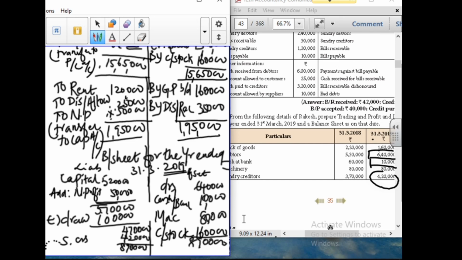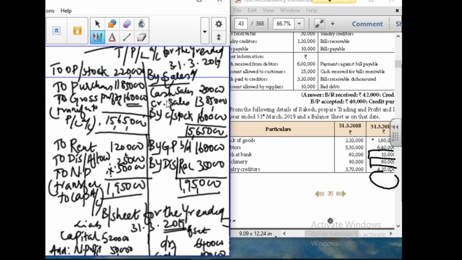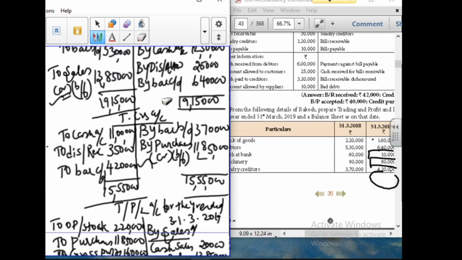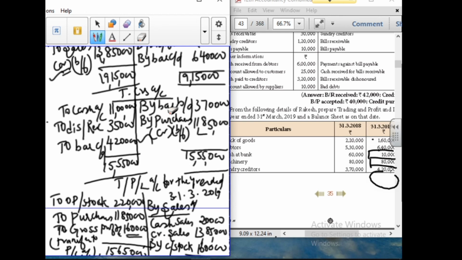So this is the methodology to do the problem. First I'll explain the problem once again. First we have found out the total debtors account, opening with the closing balance. We have found out the credit sales. With the total creditors account, we have found out the credit purchases.